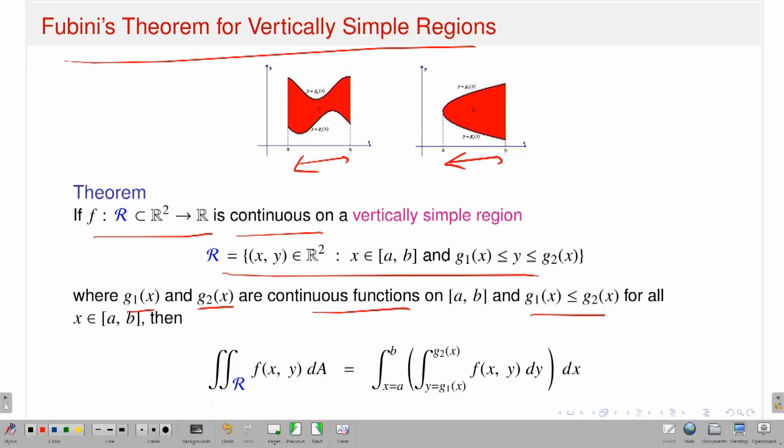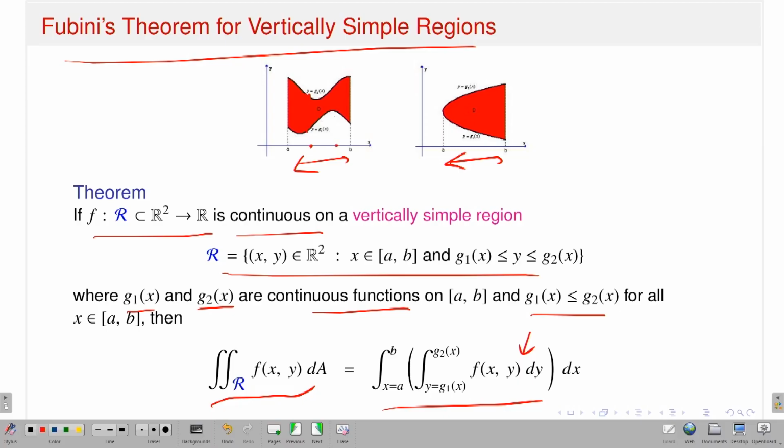Then this theorem says that the double integral over this region R, which is vertically simple or type 1 region, is nothing but the corresponding iterated integral. So, what I am doing, again it is very nice, is that I am performing the integral with respect to y first. That means I am keeping my x fixed. Now, if I fix one x, then y varies from where to where? y varies from g1(x) to g2(x), vertically.